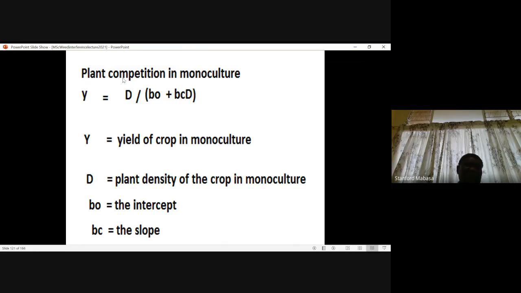And this is how we can represent the plant competition in a monoculture. We can use this equation, where Y is the yield in a monoculture. This is density. This is the slope. This is the intercept.